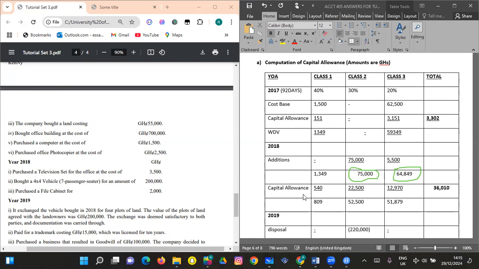So we now get our capital allowances here.